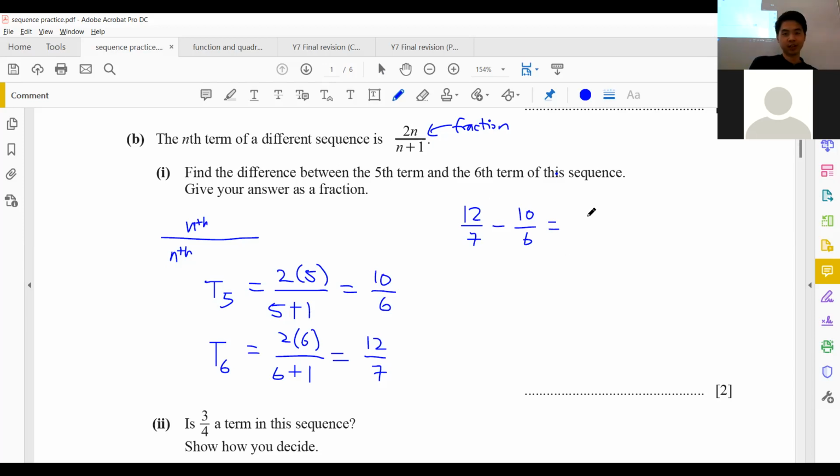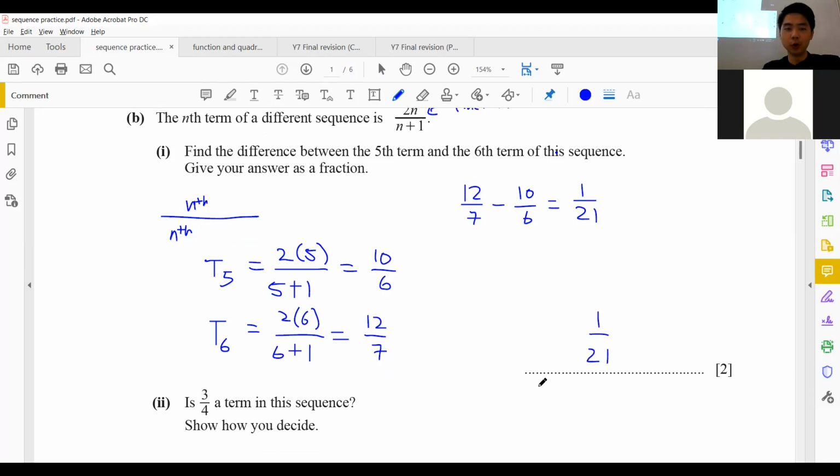When you type it in the calculator, you get the answer of 1/21. This is the difference here, 1/21. Okay? So this one also should still be no problem.